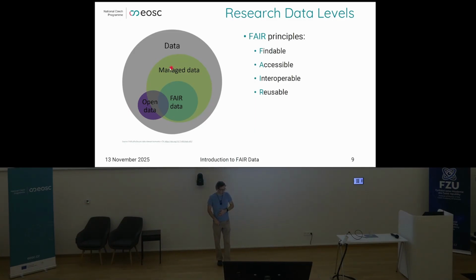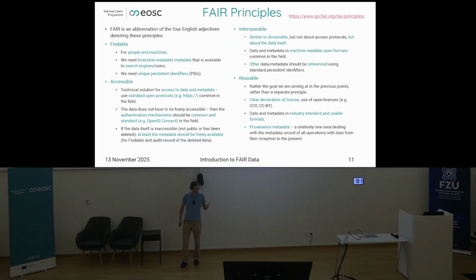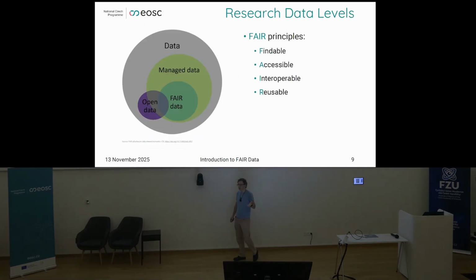An even smaller subset of managed data is the so-called FAIR data. FAIR is an acronym of some English words: findable, accessible, interoperable, and reusable, and that simply provides some very generic, very high-level guidance on what should be done to make the data as useful as possible.